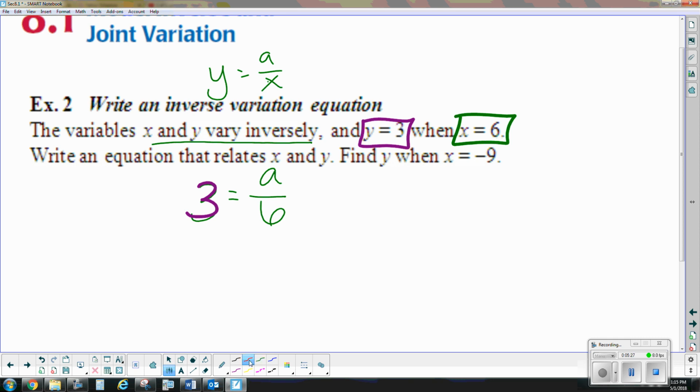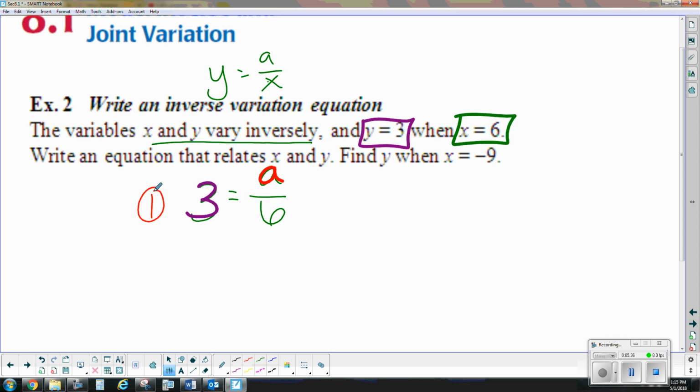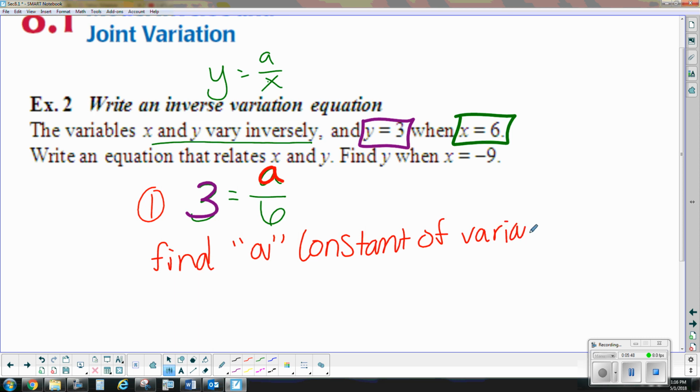So we're looking for, first, our constant. So we're going to set this up into steps. So step 1, find a, which is our constant. And we can do that by multiplying x and y together. So a equals 18.